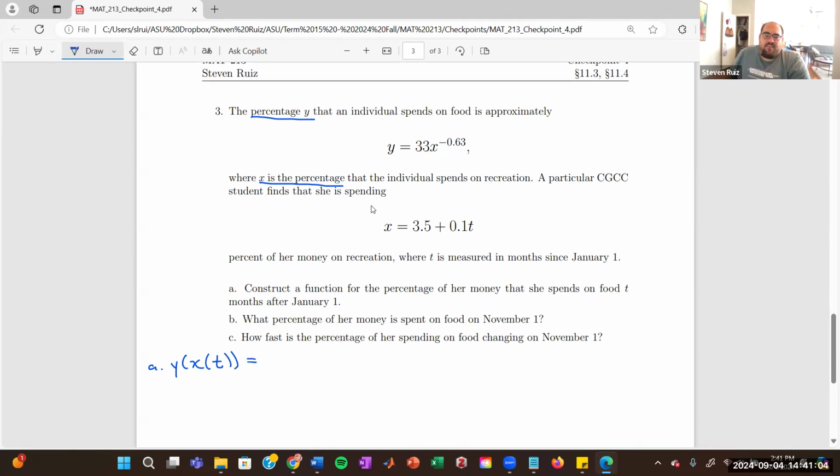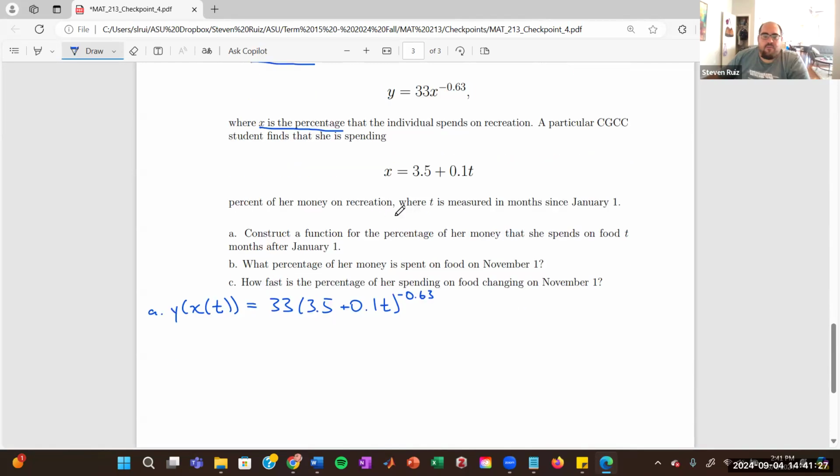So y is equal to 33 times x to the negative 0.063, but I know what x is equal to. X is equal to 3.5 plus 0.1 t, to the negative 0.63. So that's the function we want to make for A.